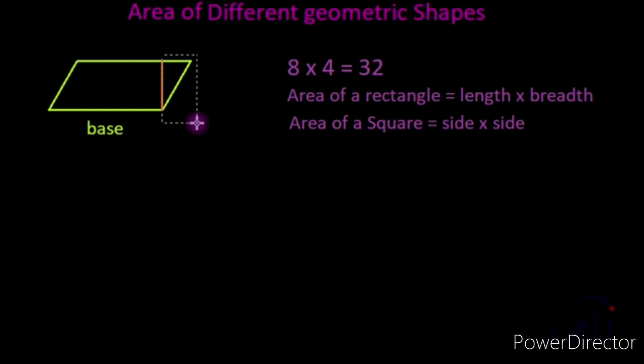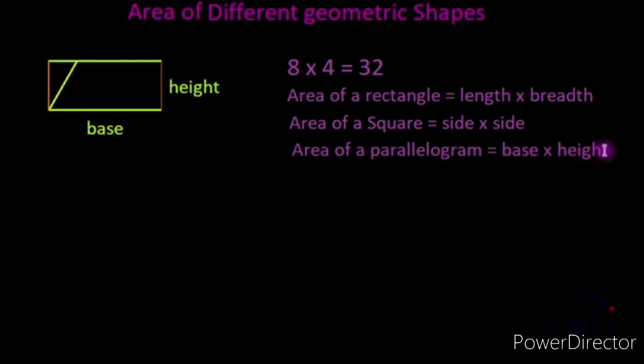I'm going to cut this part from here and paste it over here. It becomes a rectangle of length equal to the base and breadth equal to the height of the parallelogram. And now we already know the formula for the area of a rectangle, so we can write the formula for the area of a parallelogram, which is base multiplied by height.